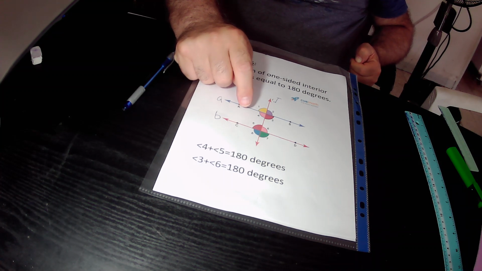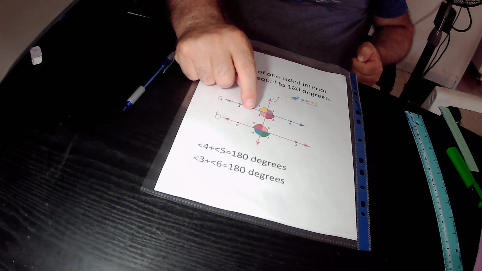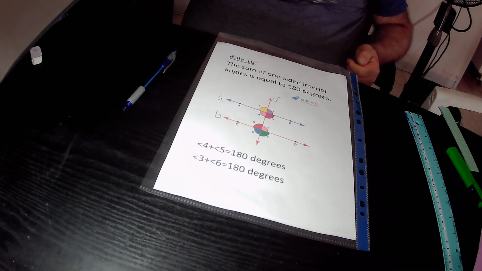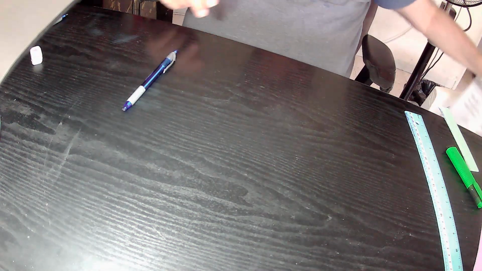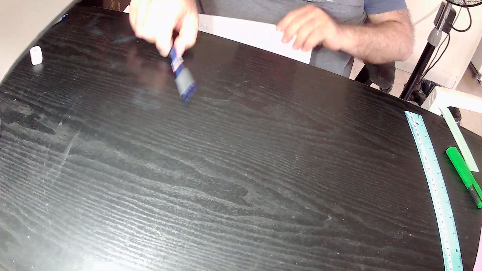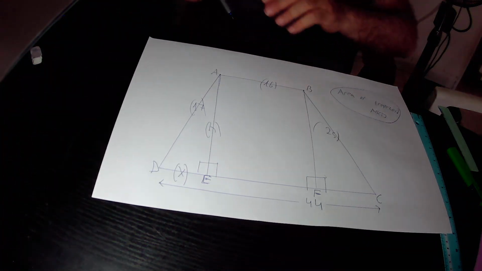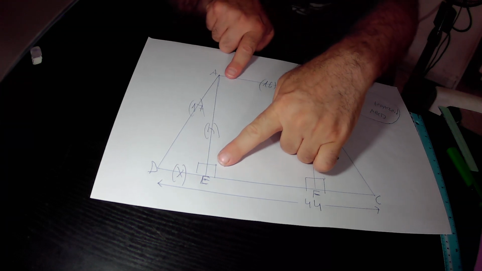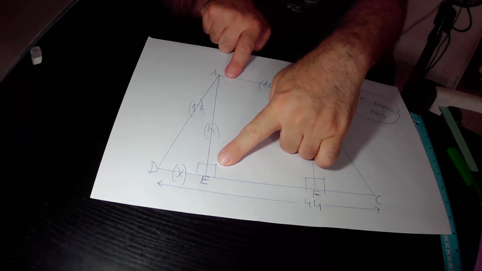So, according to rule 16, the sum of those two angles, that is to say, angle 4 plus 5, equals 180 degrees too. The sum of those two angles that are defined as one-sided and interior angles must be equal to 180 degrees.